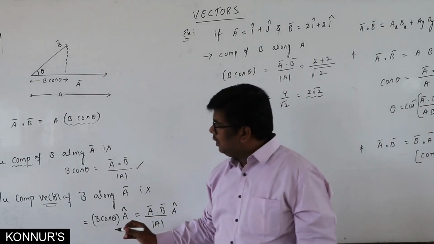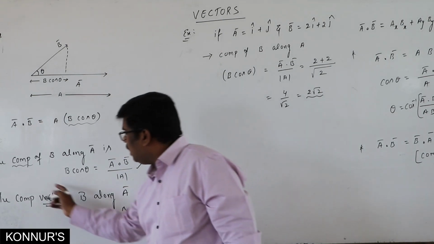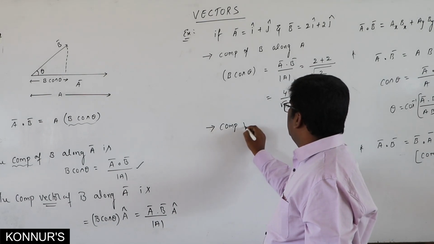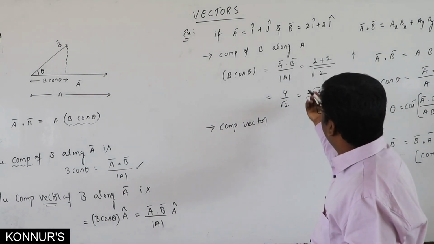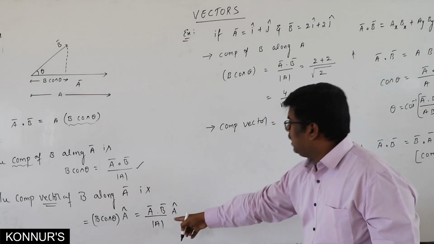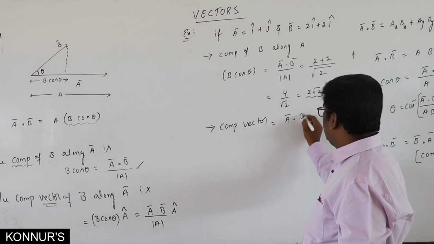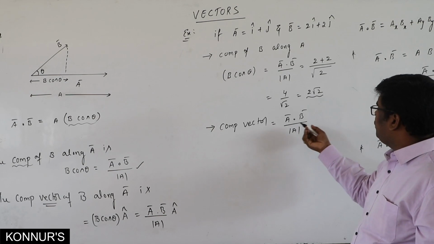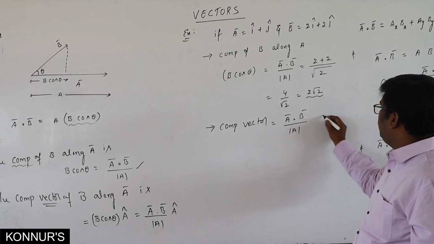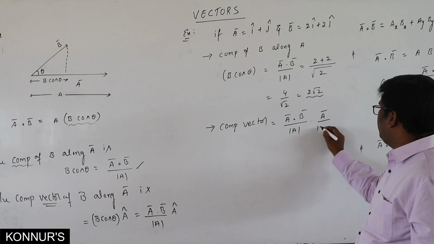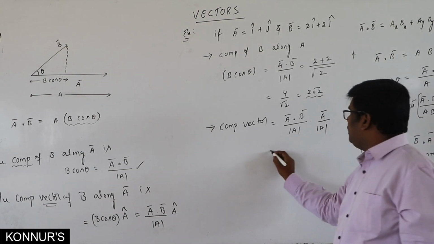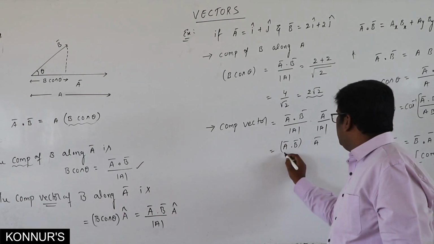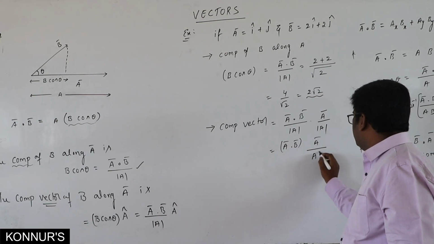Or else, if they ask for the component vector, you have to observe clearly that you must provide the direction also. That is, we take a bar dot b bar by modulus a and a cap. What is a cap? A cap means the unit vector. You know how to write the unit vector: the given vector divided by its magnitude. So it will be a bar dot b bar into a bar by a square.